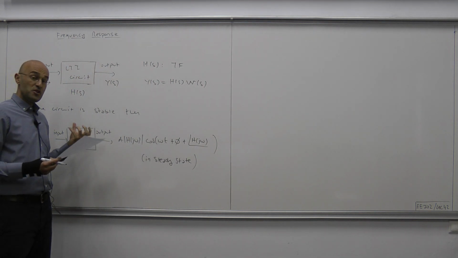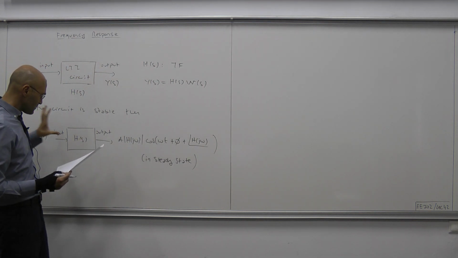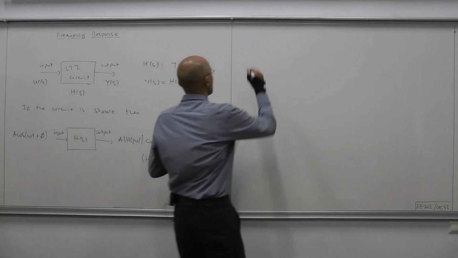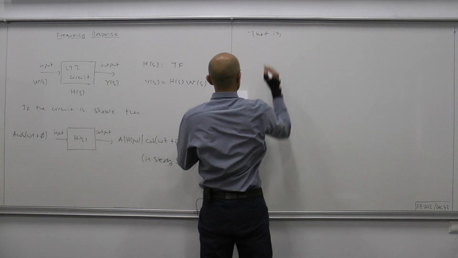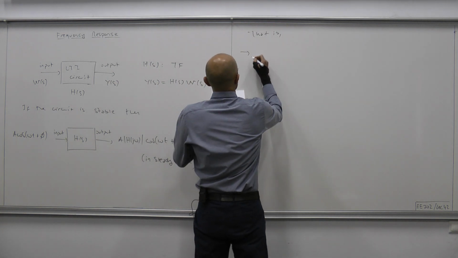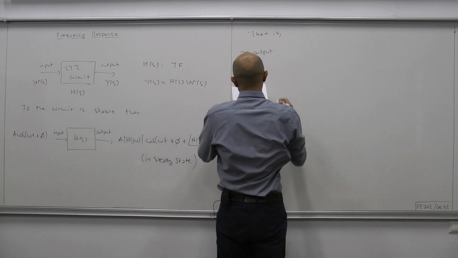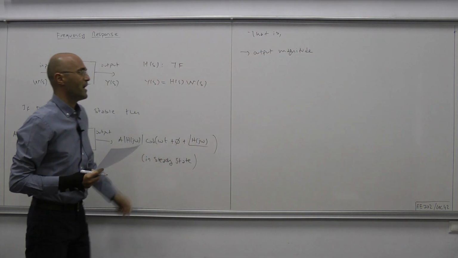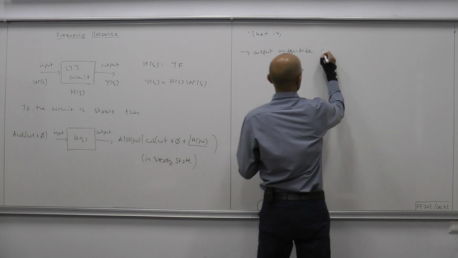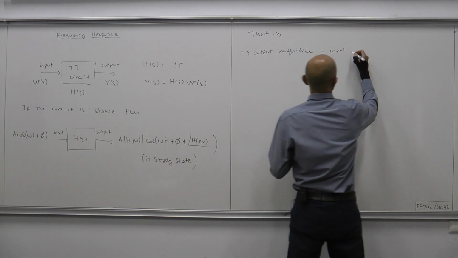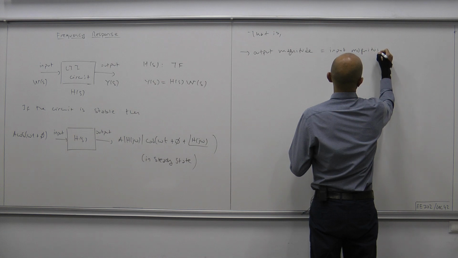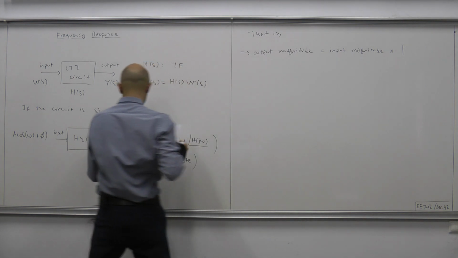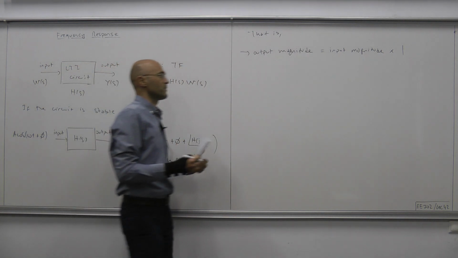So this is very, very important. Therefore, let's put down those three important things that we have just talked about. The output signal's amplitude, or the output magnitude, equals the input signal's magnitude times a factor, and that factor is the magnitude of H(j omega).